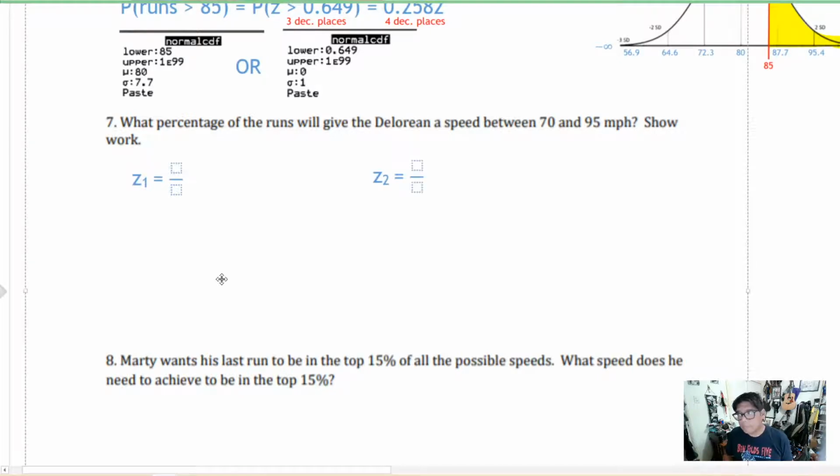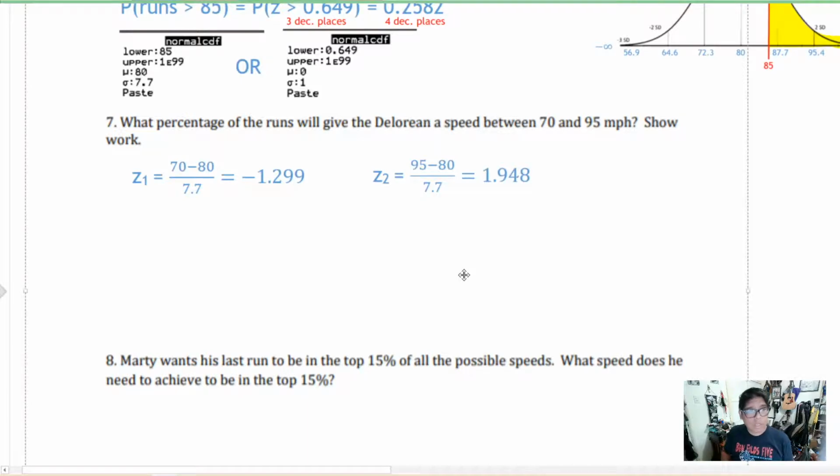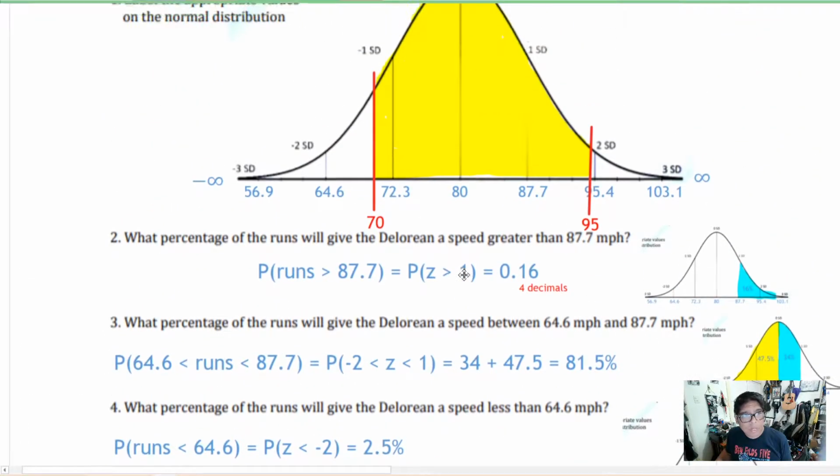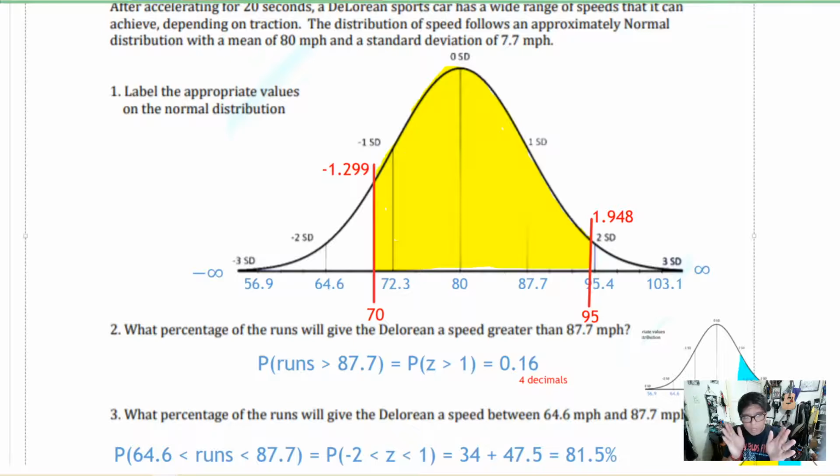Z-scores are equal to our speeds minus the mean speed, divided by the standard deviation of the speeds. That's equal to negative 1.299 and 1.948. Back up to our diagram, let's put our z-scores there. Now I can see that I want the area between negative 1.299 and a z-score of 1.948.